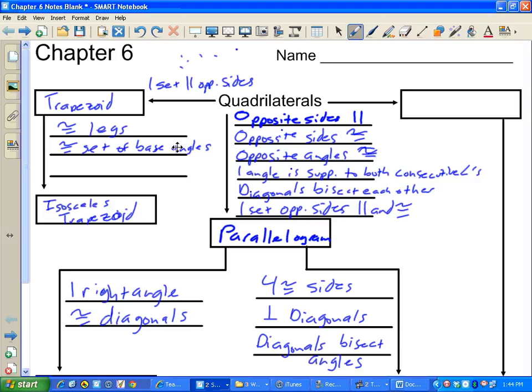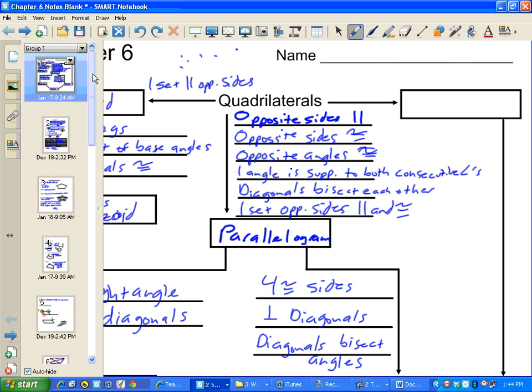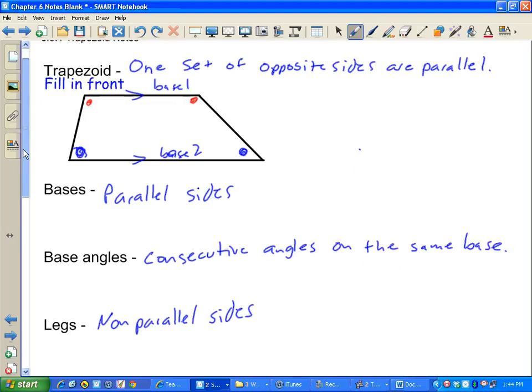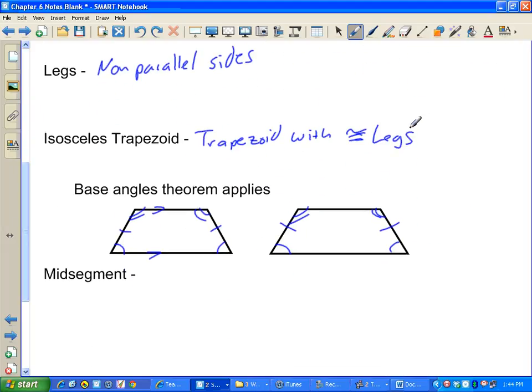And there's one other way, and that other way is if the diagonals are congruent. So I'll put that on here. So trapezoid with congruent legs and congruent diagonals and congruent base angles.